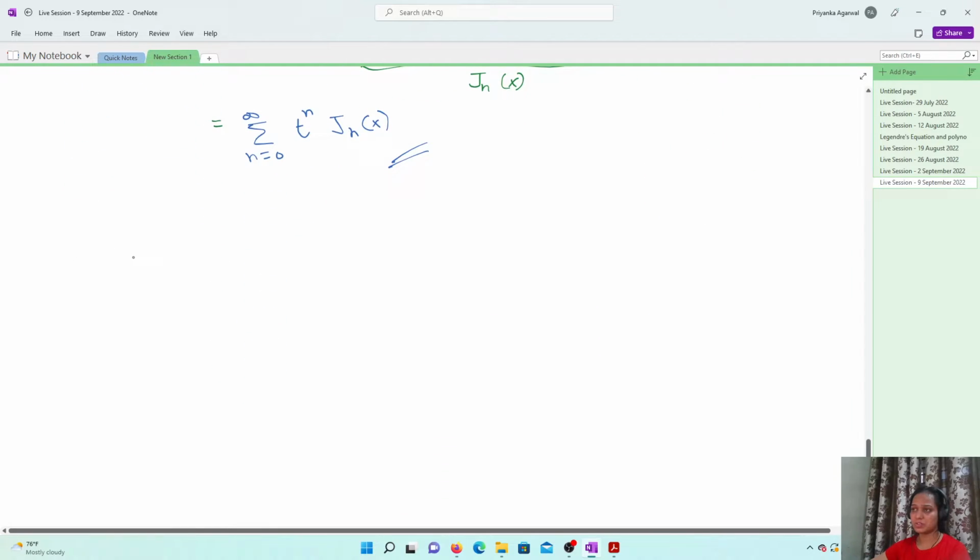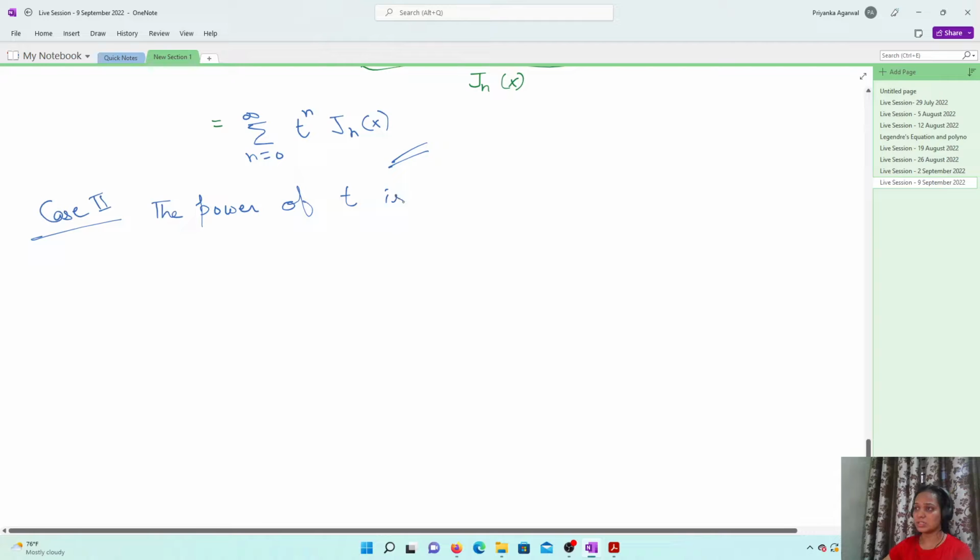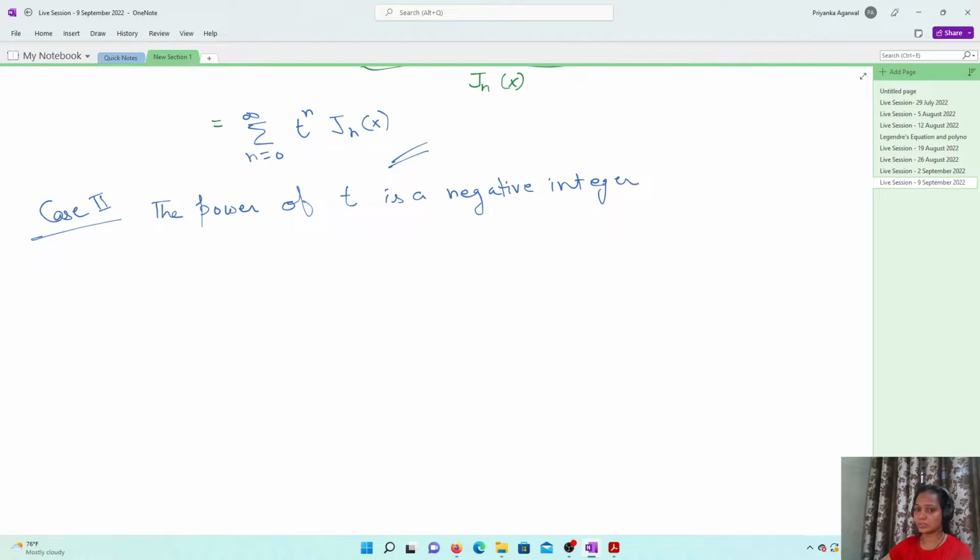Now let's solve for the other case. Here we consider that the power of t is a negative integer. So let's say minus n is now less than 0.